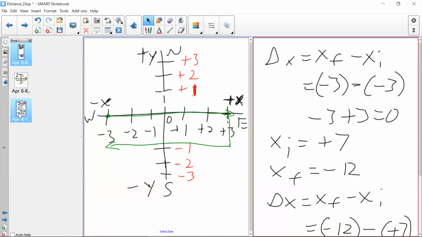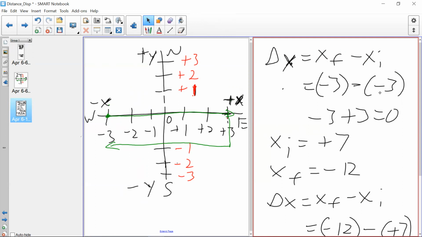So in calculating the displacement with those two positions being the same number, we have the formula for displacement, delta x equals final position minus initial position. And we see that the final position is -3 minus the initial position, which is also -3. We started where we end up where we started. So -3 plus 3 is 0 units of displacement.